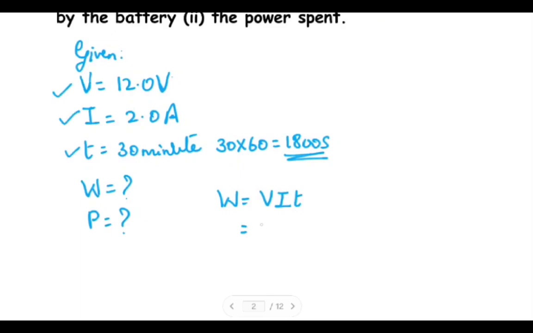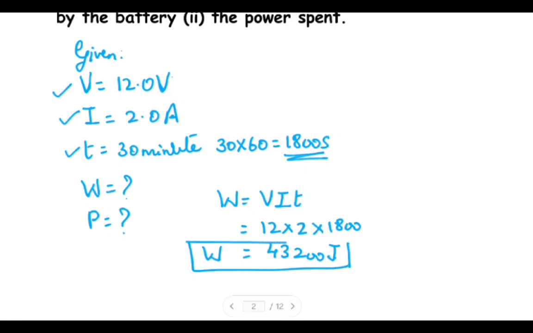Yes, V is 12, I is 2, and T is 1800. How much does that come up to? 43,200 joules. Yes, so the work done is 43,200 joules.